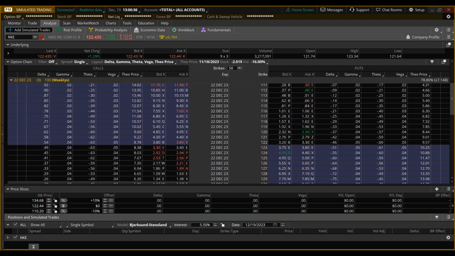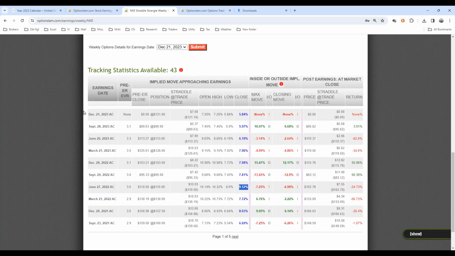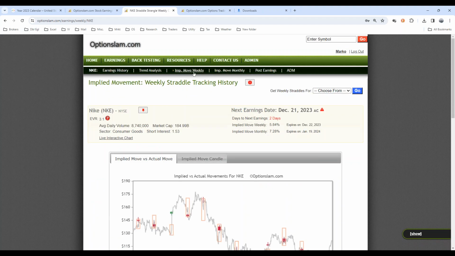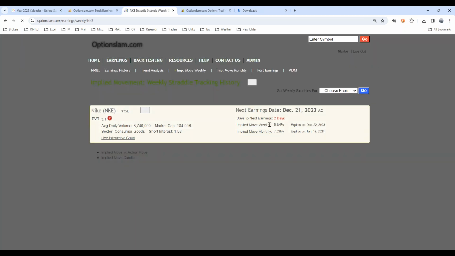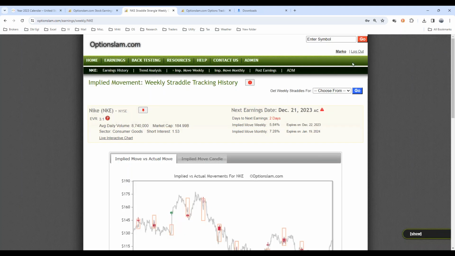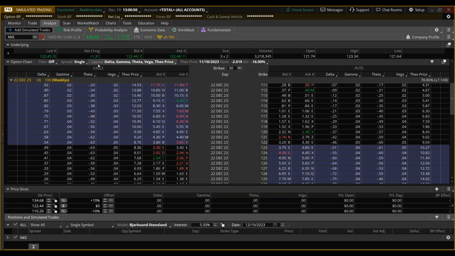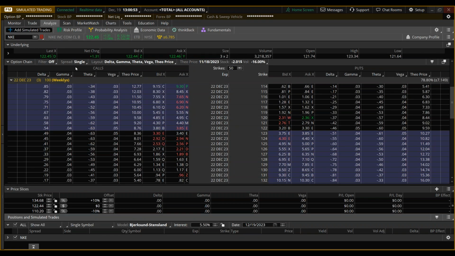What's the implied move? Let's design the strategy. The implied move weekly is currently about 6%. 6% of 123 would be about a $7 move. So let's go about $7 away from where the stock is trading.